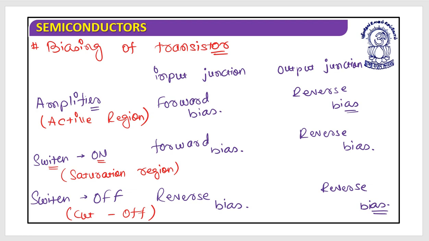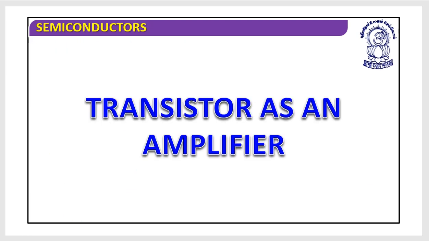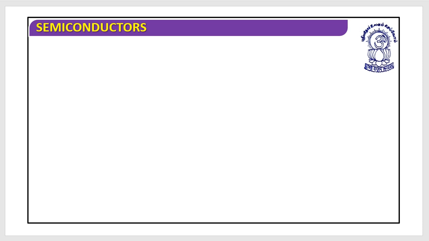Great. Now let's discuss how the transistor can work as an amplifier. First, we will begin our study of the transistor as an amplifier with a very simple schematic that will help us understand how the transistor can work exactly as an amplifier.